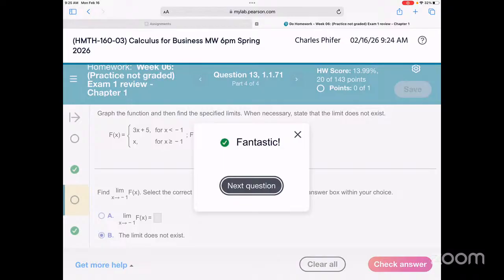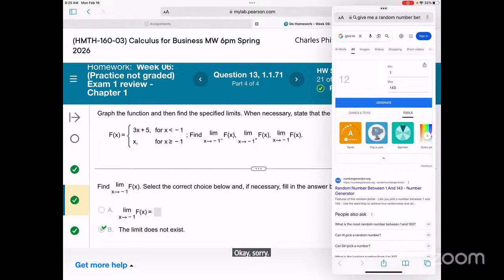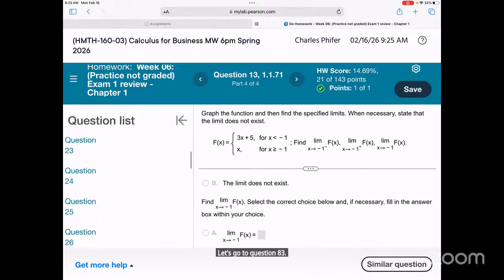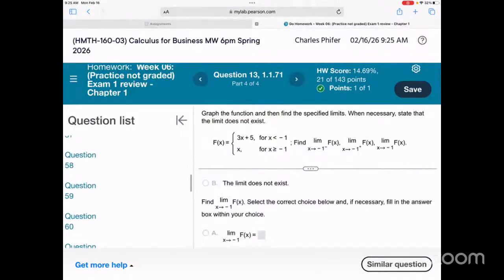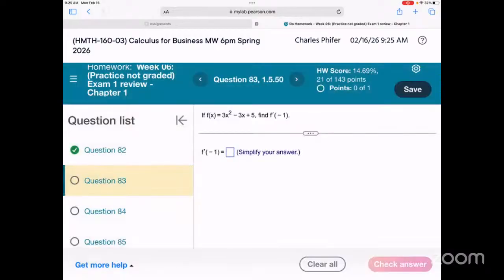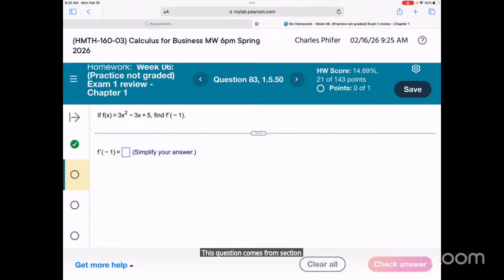Okay, sorry. Let's go to question 83. This question comes from section 1.5, question 50.